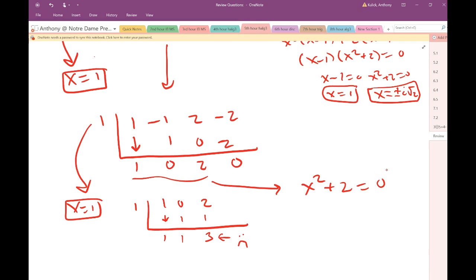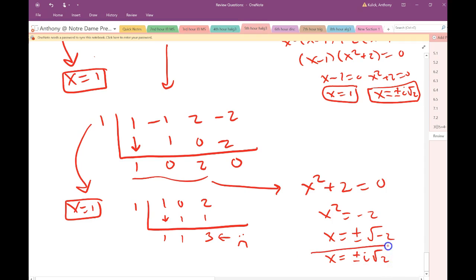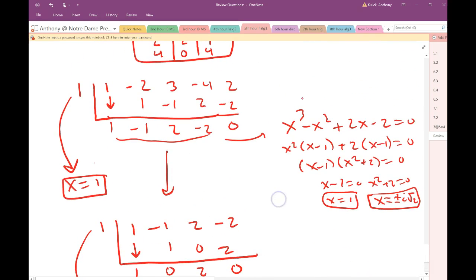I can handle that. To solve it, I just subtract the 2 and then square root both sides. And the square root of a negative is i. So there's that. Okay. So again, you can take the synthetic division all the way down until you have like a linear term, but it's usually easier to exit the synthetic division process as quickly as you can when you see something that's either factorable, like I noticed up here, that this piece was factorable, so I exited the synthetic division there.